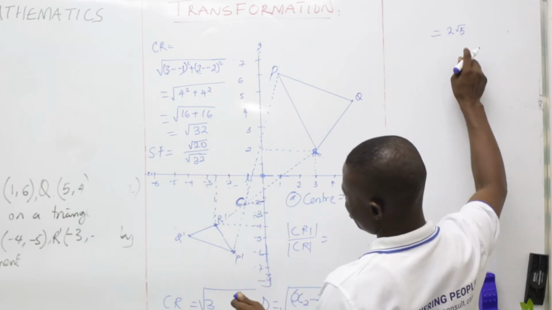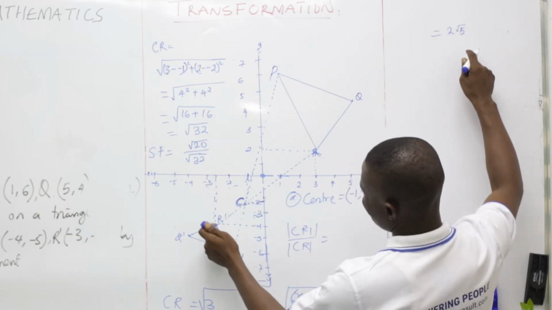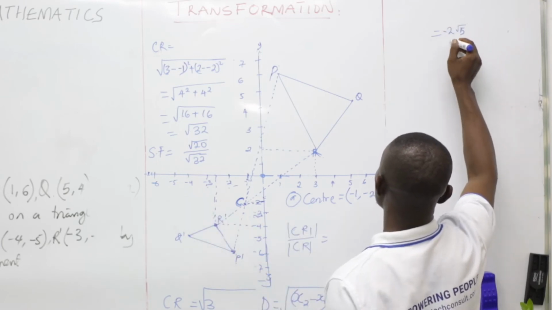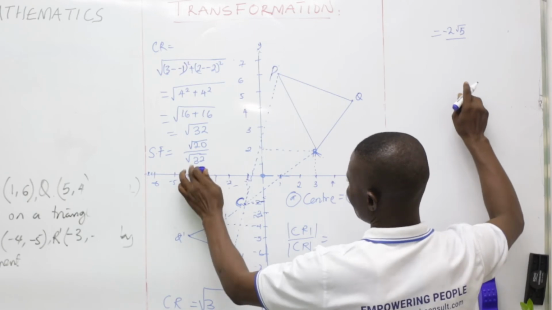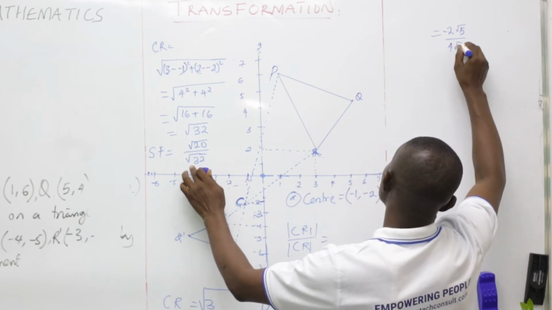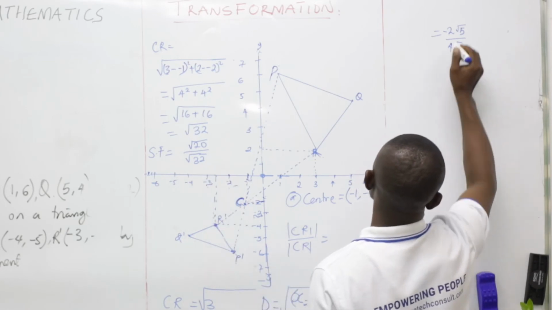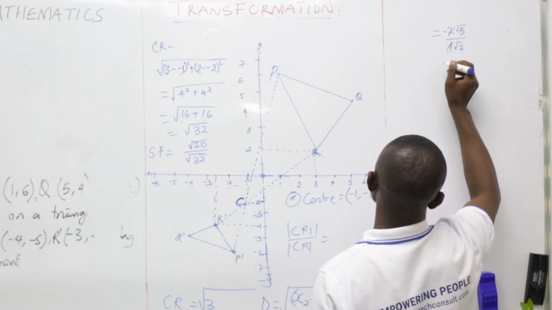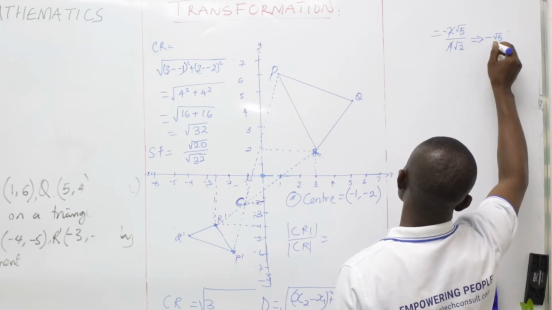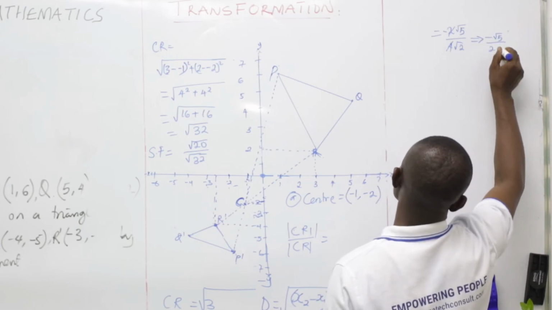But remember, CR was on the negative side, so minus 2 root 5 all over root 32: the perfect square here is 16 times 2, which is 4 root 2. The 2 here cancels the 2 here. This implies minus root 5 all over 2 root 2.